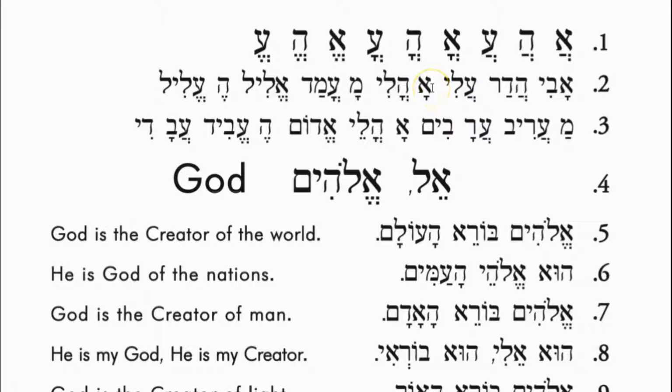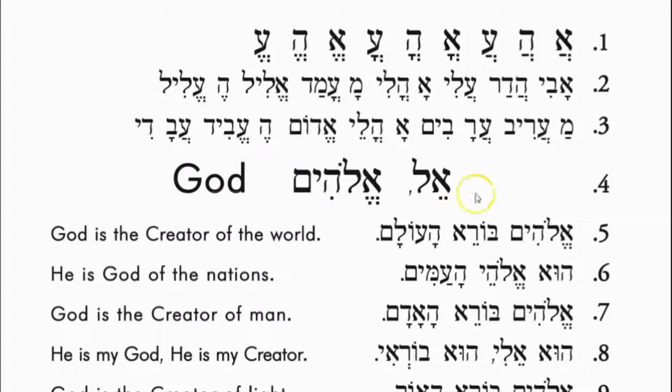Ali, Hali, Ma, Ahmad, Elil, He, Elil. 3, Ma, Arif, Aravim, O, Hale, Hale, Edom, He, Evir, He, Evir. See it again, shortened sound.